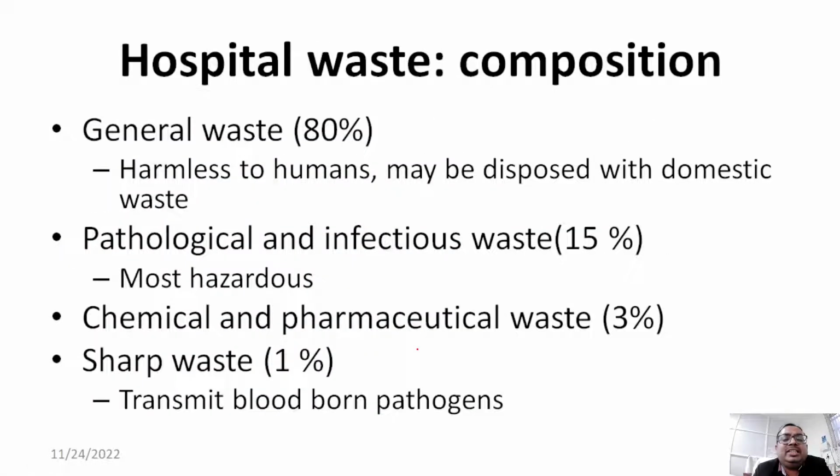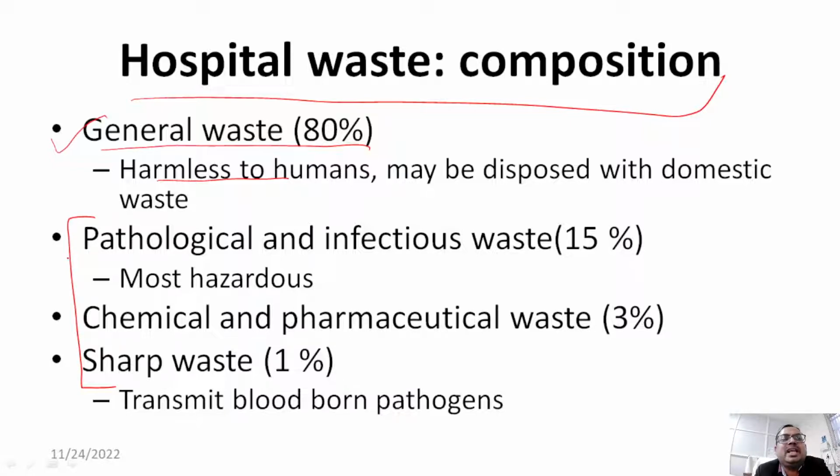So let's see the hospital waste composition. It is important to note that a majority, almost 80% of the hospital waste, is general waste which is harmless and non-hazardous. The remaining waste, almost 20%, comprises infectious and pathological waste, which makes around 15%, whereas chemical and pharmaceutical waste makes 3%, and 1% is sharp waste, which is also another important component of infectious waste.